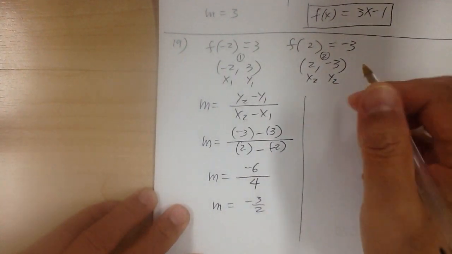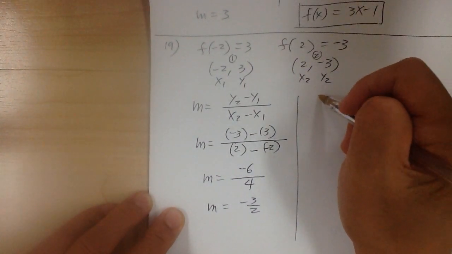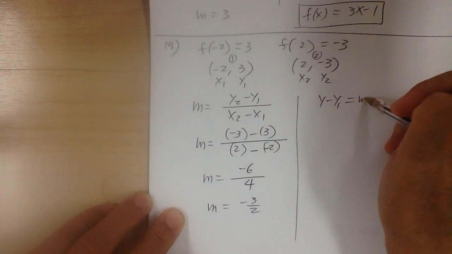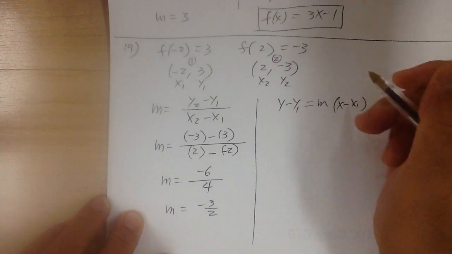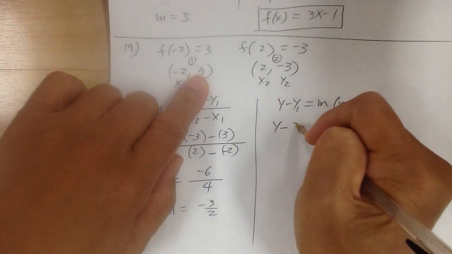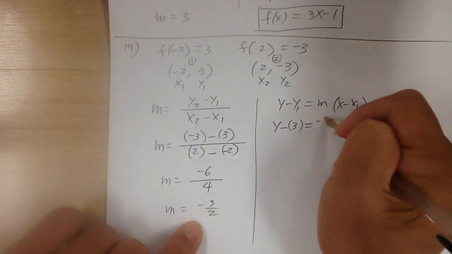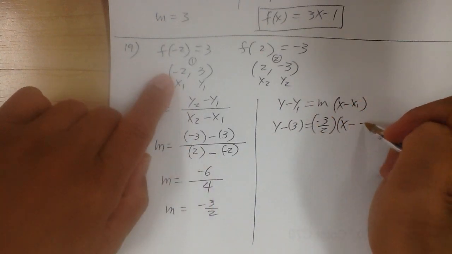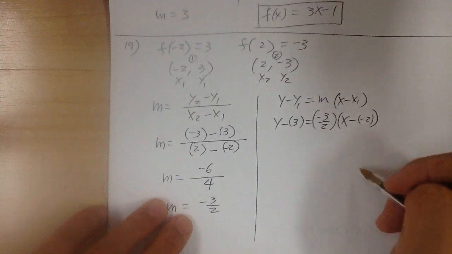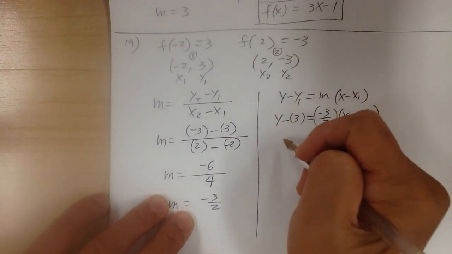Okay, so now let's go and use the point slope form. So we got y minus y1 equal to m times x minus x1. So y1 is 3. Slope is negative 3 over 2. x1 is negative 2. Okay, so let's go and work out, get rid of all the parentheses.